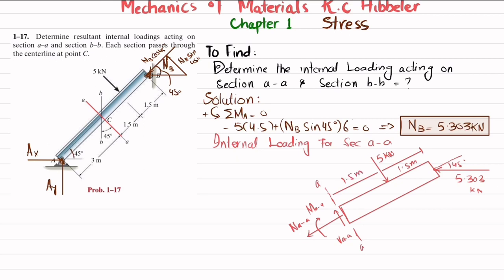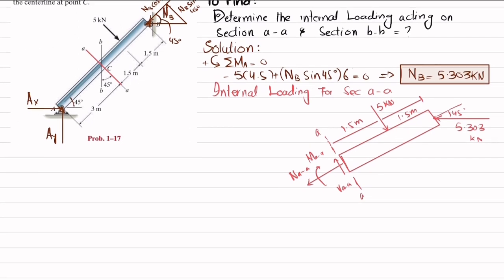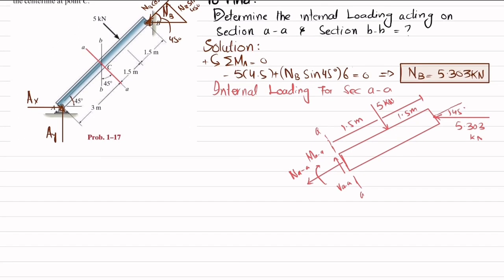Now we'll find this internal loading by using the equation of equilibrium. This is your x dash direction and this is your y dash direction. We will remove the arrow signs.